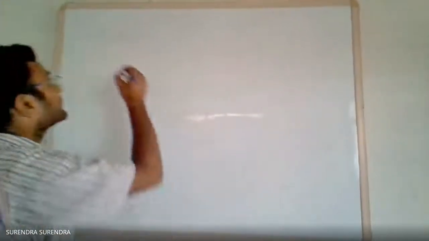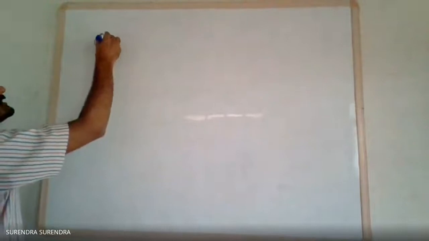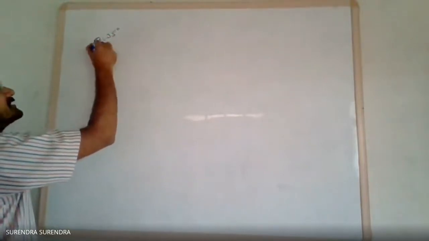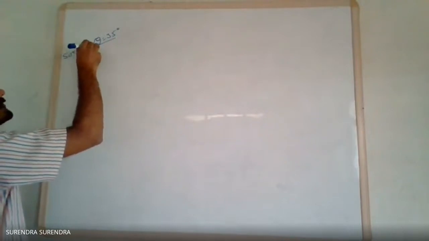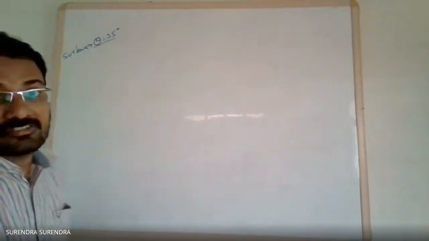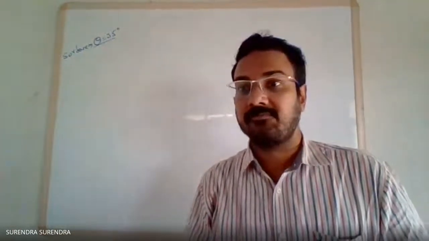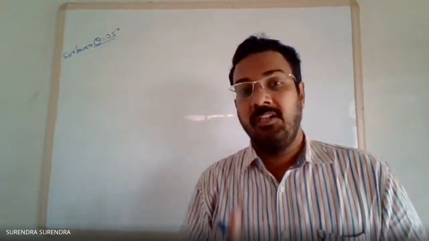So here in this problem, a regular pentagon of 30 mm side has its surface inclined at 35 degrees to HP. So theta is 35 degrees, and this is related to surface inclination. A side is parallel to HP, clearly given.